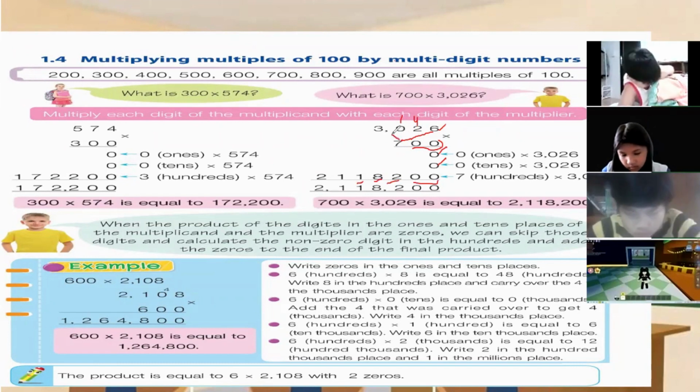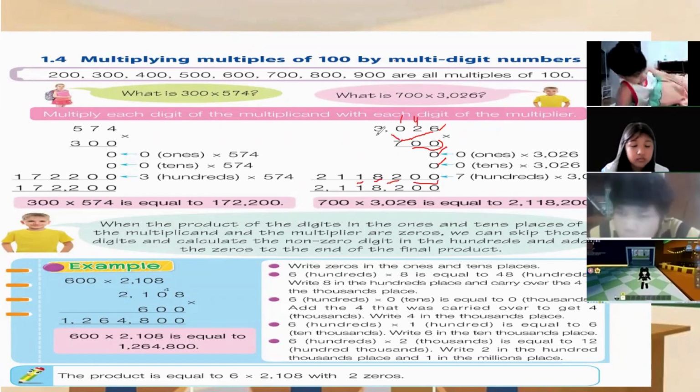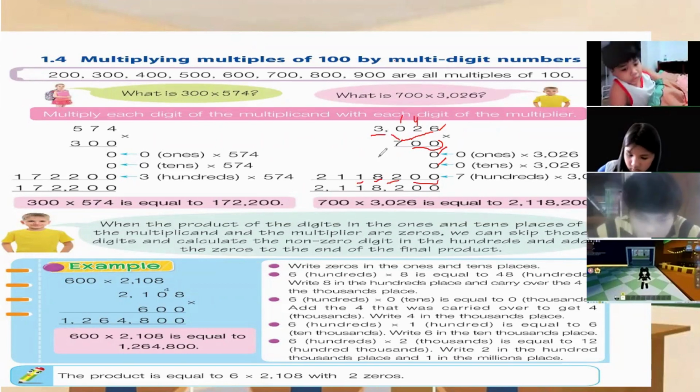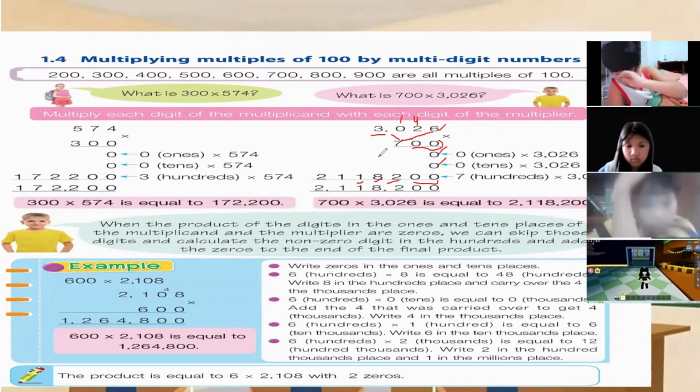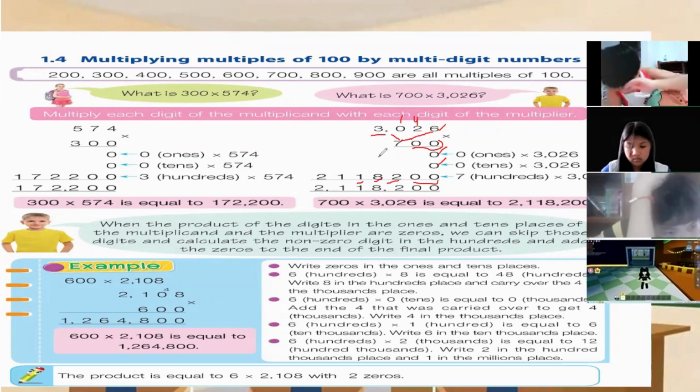Now 7 hundreds we are going to multiply with place 1000. So at place 1000 we have digit 3. So 7 multiplied by 3 becomes how much? 7 into 3. 21. Very good. 21. So 21, we are going to write at place 100,000, right? So we get the product already.